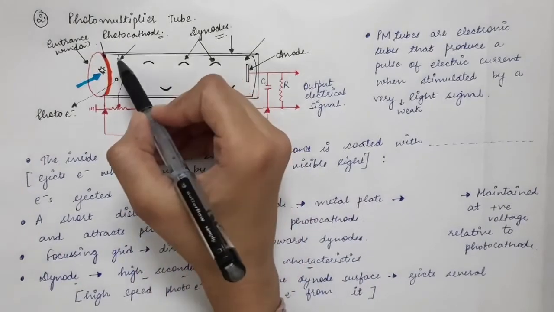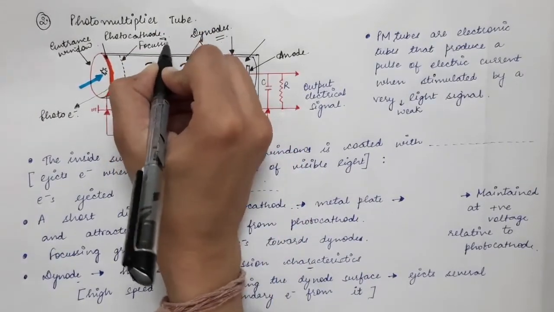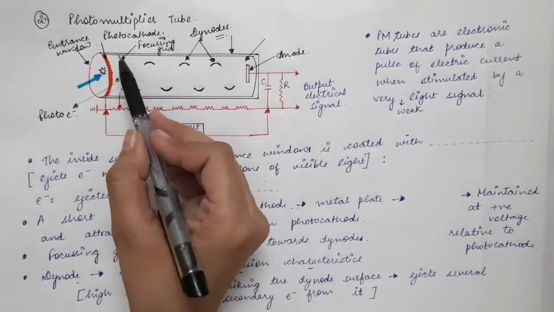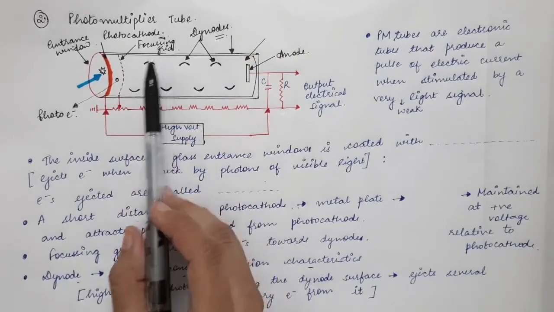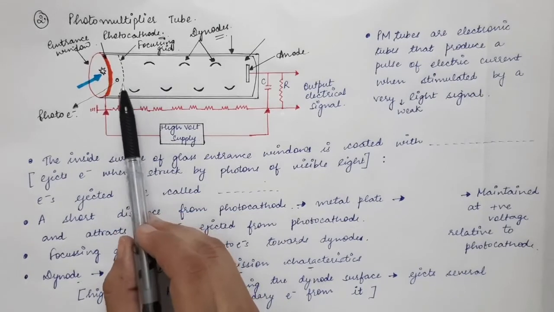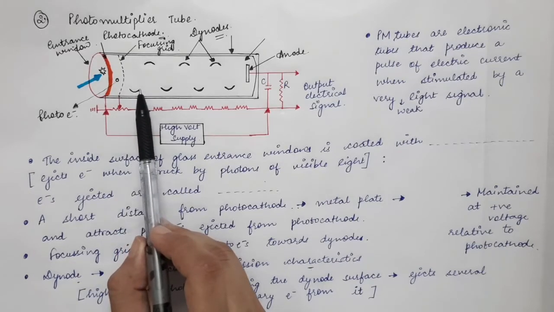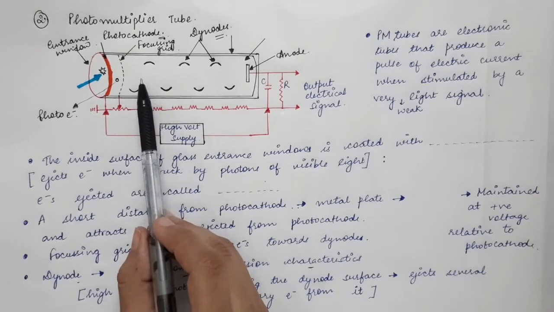And here we have a focusing grid. What is its purpose? It directs these photoelectrons towards the diode. We want these photoelectrons to fall on these diodes, and in return large number of electrons are emitted.